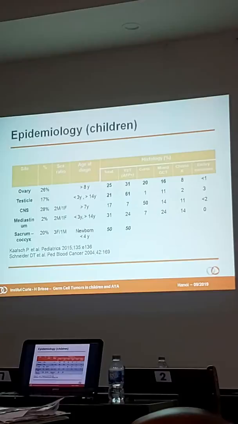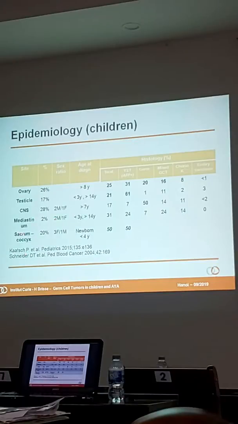In the mediastinum, you can find mainly teratomas and yolk sac, but also mixed tumor. Teratomas usually are observed in very early childhood, even in neonates, and yolk sac are mostly observed during adolescence. And CNS and mediastinal tumor occur twice more frequently in boys than girls.